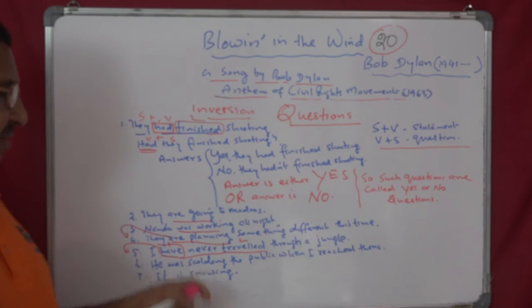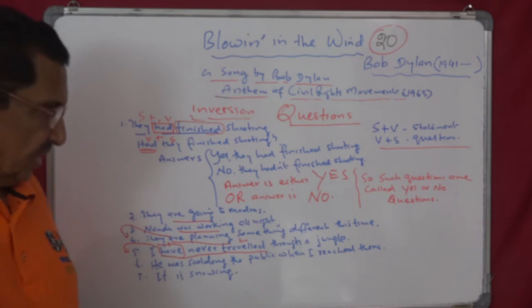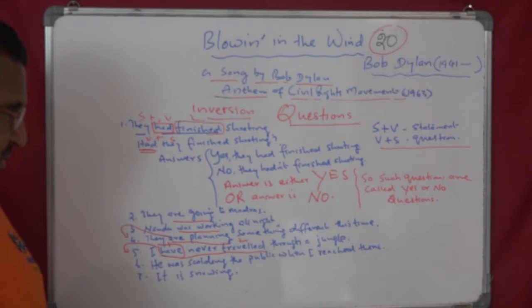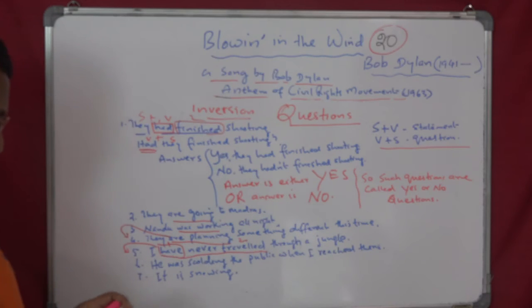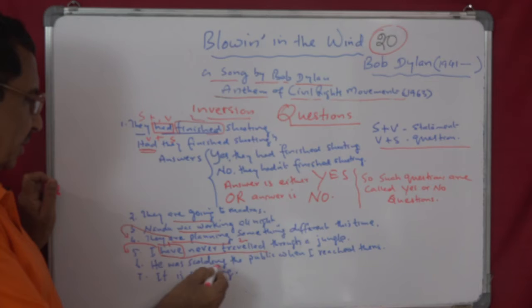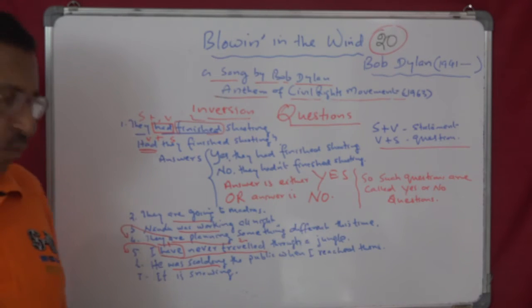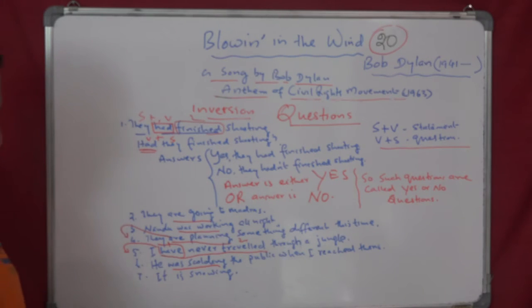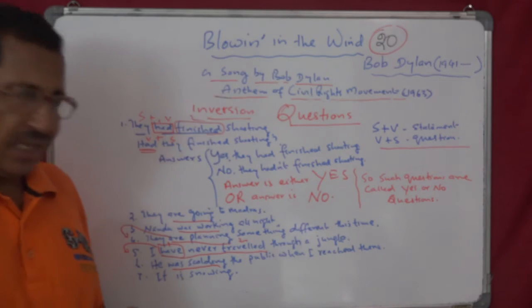Have you ever traveled through a jungle? Then the sixth one: he was scolding. There are two members here, was and scolding. So the question will be: was he scolding the public when I reached there?